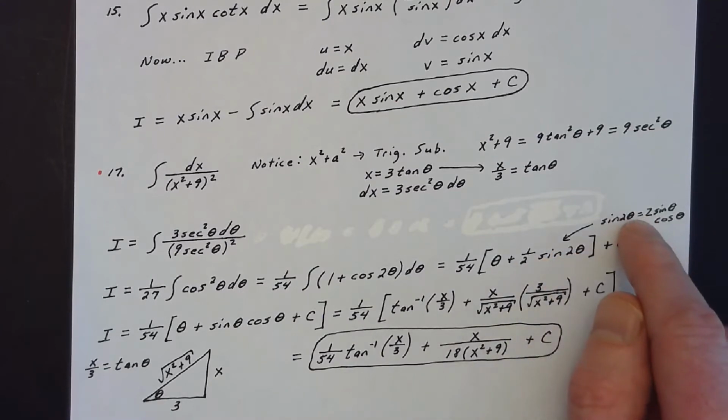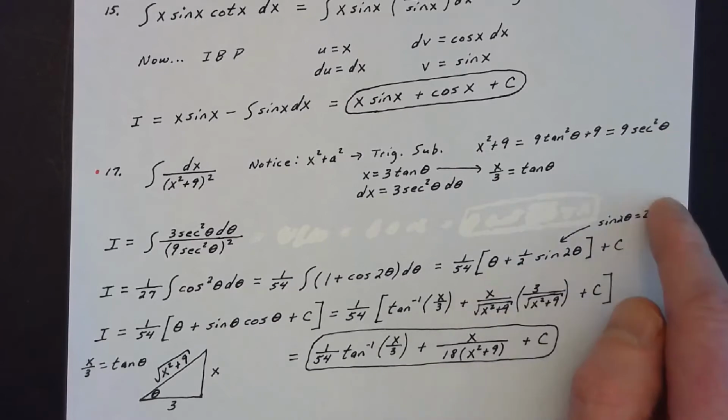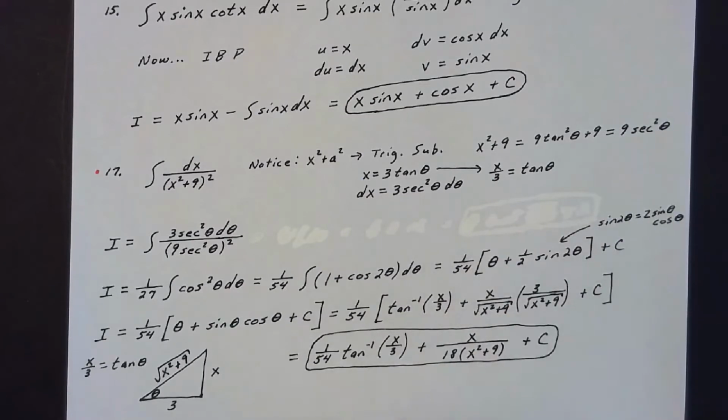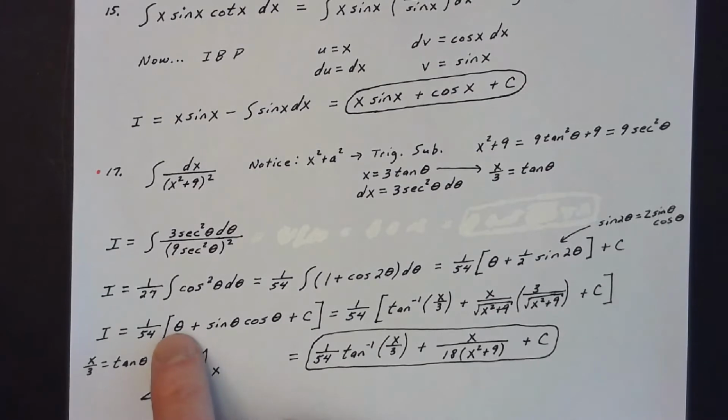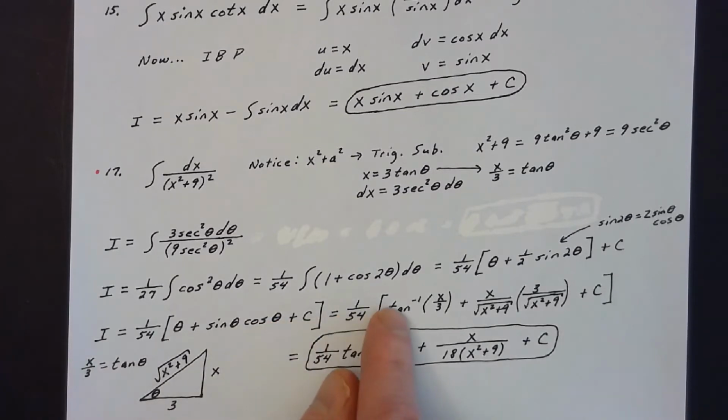So I use yet another trigonometric identity that says that the sine of 2 theta is equal to 2 sine theta cosine theta. And then I can say this 2 is going to cancel out the 1/2 in front, and I would just get this right here, 1 over 54 times the group theta plus sine theta cosine theta plus c.